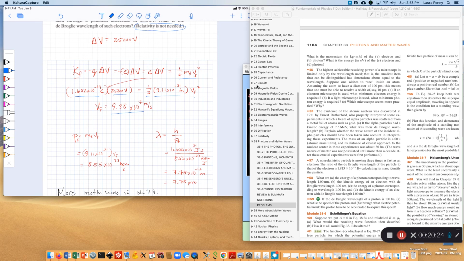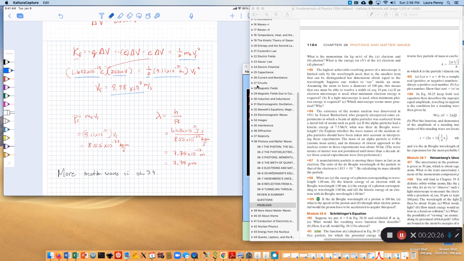But anyways, if we use that as our speed, times the mass of the electron, I get a momentum of 8.55 times 10 to the negative 23 kilogram meters per second. And then using that in our equation for the de Broglie wavelength, we get that the wavelength of this electron is 7.75 picometers.